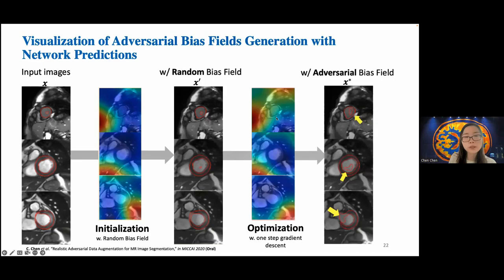If you compare these two bias fields, you can see that the two are actually very similar, and they just shift a little bit to other regions, but the network can be very sensitive to such a modification.